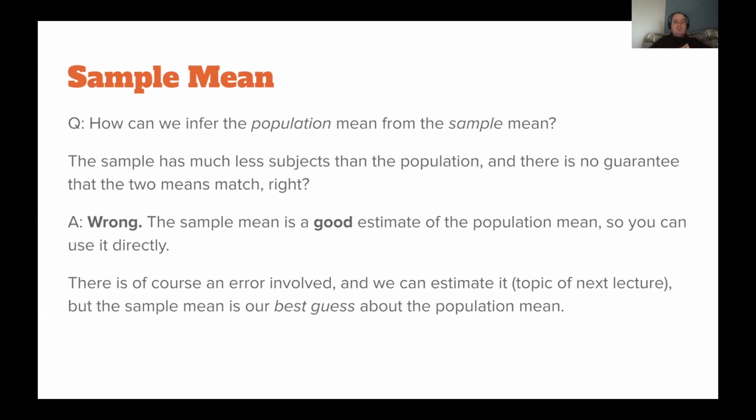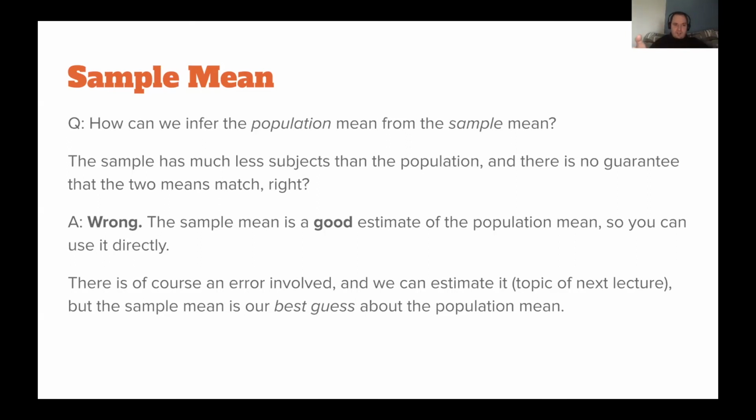So how can you just tell me that, for example, I take the sample mean and then I infer the population mean? How can that be valid? How can I know that that's valid? Why can I do this if I'm inferring a value of a huge population from a small one?